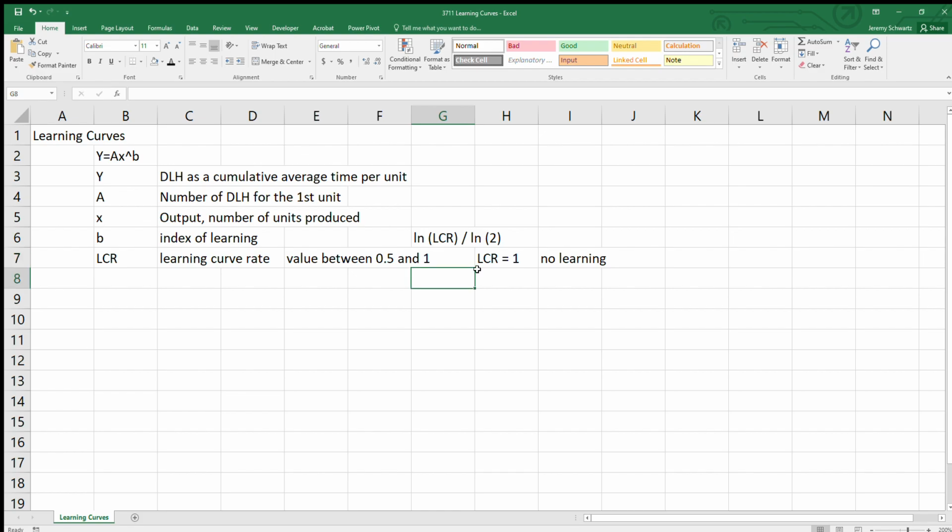You might be confused as to why that might be, but what we want to see is what happens in terms of learning as production doubles. That's where the 2 comes into play. We'll continue on with deriving the different levels of b in the next video.